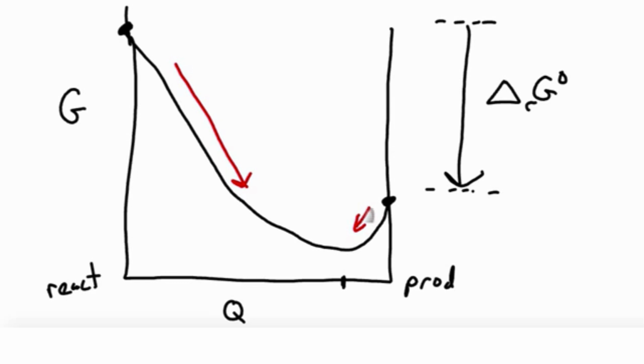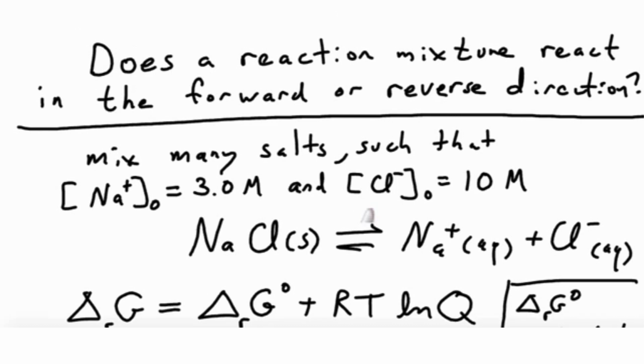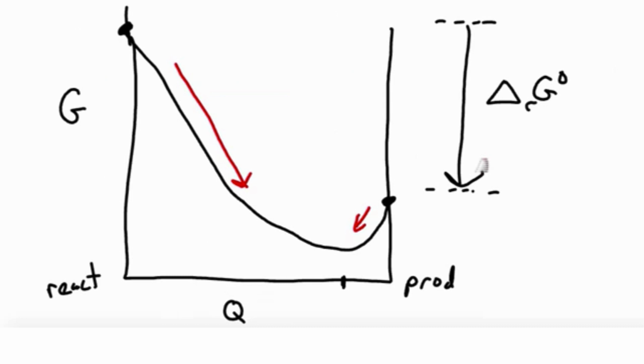So if we look at our problem, where were we? We had these very, very high concentrations of chloride and sodium. So we had really high concentrations. So we were really far over towards the right of having a lot of product. So we were, say, here. I'll just draw a little dot and say we started off here.